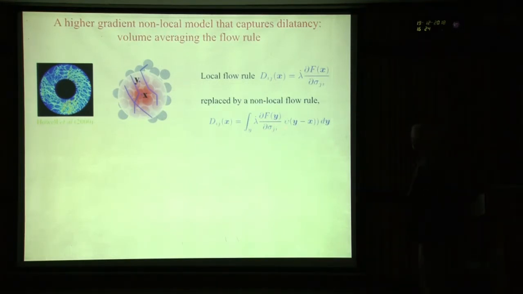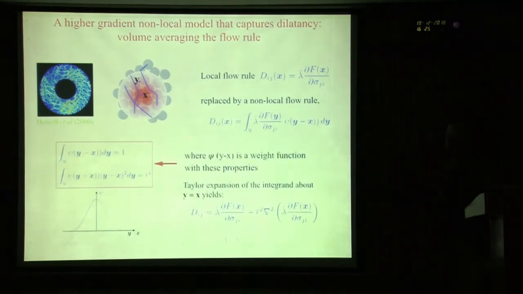Okay, so I am going to use the simplest form of the yield condition, put it in here, and get my constitutive relation. Okay, so what I have done is I have a weighting function. So this color over here indicates the weighting function. I only need to know two properties of the weighting function. It has to integrate to unity over the entire volume, and it has to have a finite size. Okay.